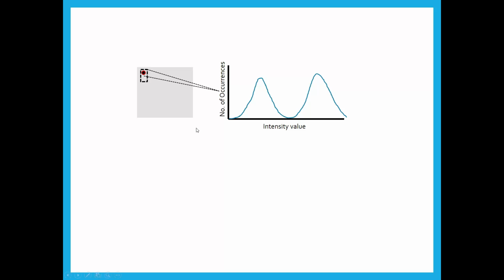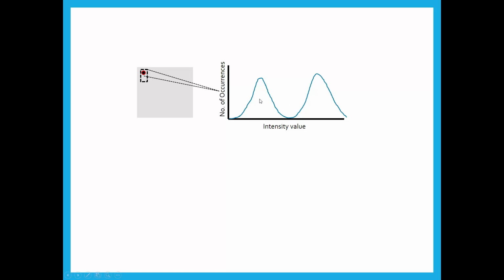If we consider only these pixels around the boundary to form a histogram, the advantage in this case is that we are considering only those pixels near the boundary. Hence the histogram is symmetric in nature.